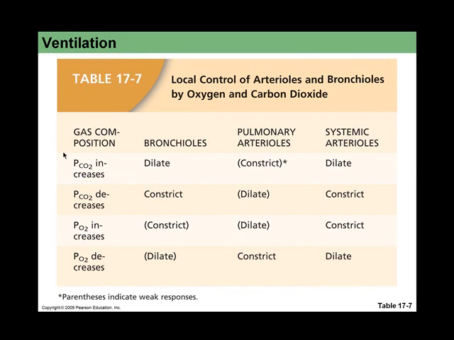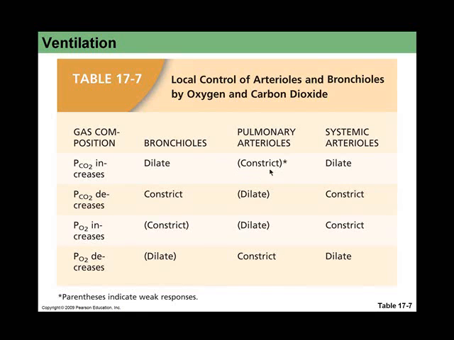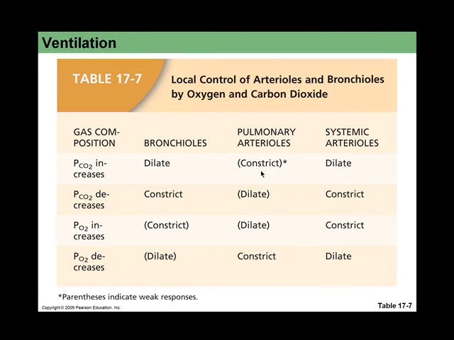So with PCO2 increases in the gas composition, the bronchioles will dilate reflexively, because if you've got CO2 around, you need to dilate to be able to blow it off. You have to get it out of the alveoli somehow. And then the pulmonary arteries will constrict, but it's not that big of a deal.